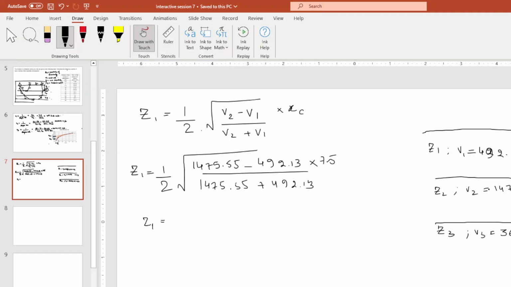So for Z2, we have the formula. Give me a moment.